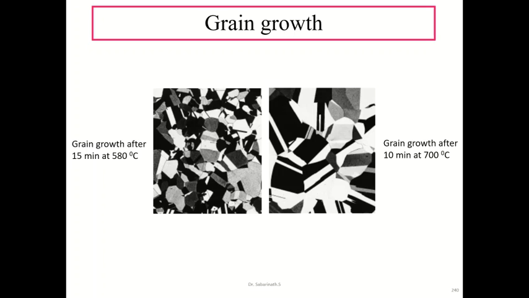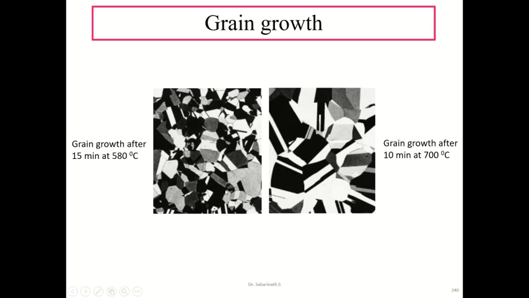Here we can see grain growth with respect to temperature. In the first figure, at 580 degrees Celsius, after 50 minutes the grain size looks like this, with a lot of grains and a lot of grain boundaries.